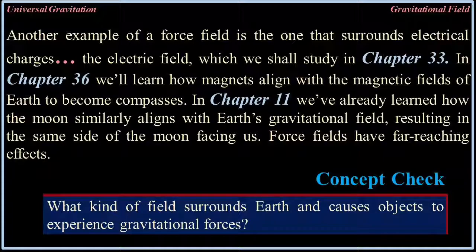In Chapter 11, we've already learned how the Moon similarly aligns with Earth's gravitational field, resulting in the same side of the Moon facing us. Force fields have far-reaching effects. Concept check. What kind of field surrounds Earth and causes objects to experience gravitational forces?